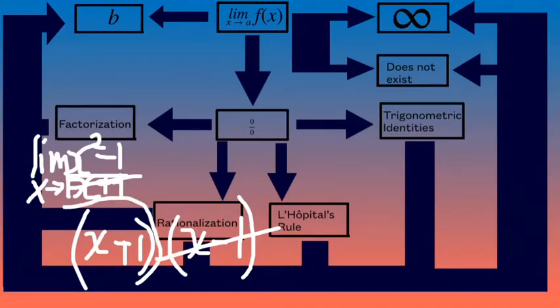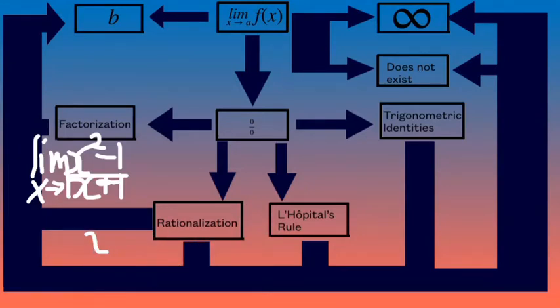This x plus 1 is our g of x, because in f of x, if we try to input 1, we get 0 over 0, but in our new g of x, x plus 1, we get 2 when we input 1. So now when we try substitution, we get 2. We always go back to direct substitution when we use these strategies.